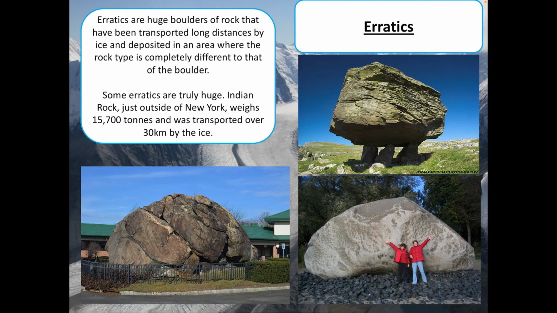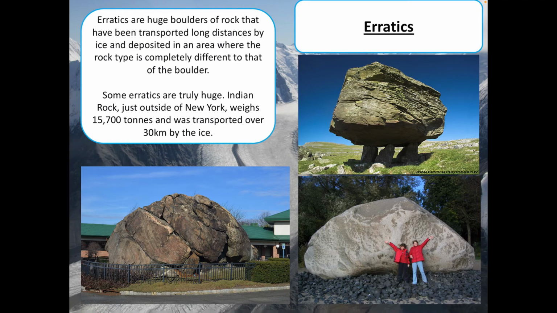And they are completely different to the geology of the surrounding area, so they don't fit in with the surrounding area. Some erratics are very, very huge. So for example, Indian Rock just outside New York weighs about 15,700 tons, and it's estimated it was transported about 30 kilometers by the glacial ice.